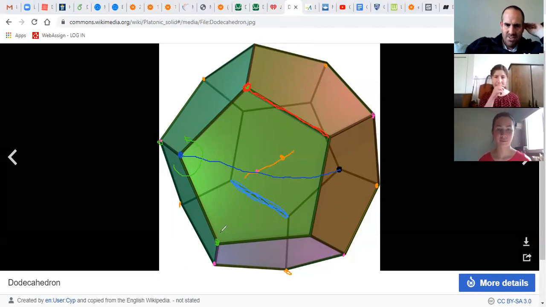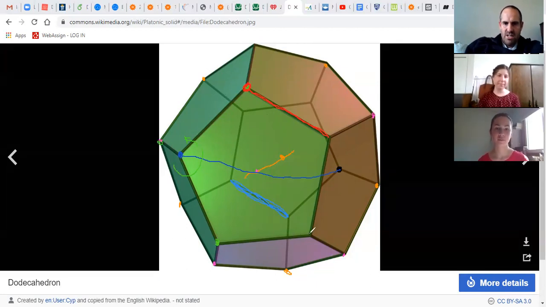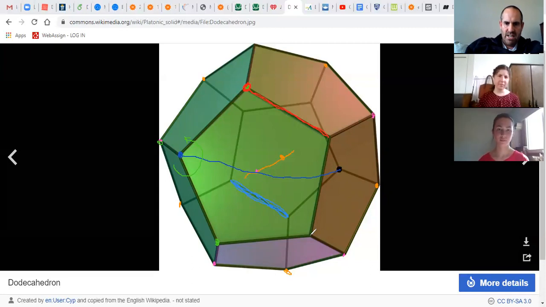But what about this guy? Well, what I would do is imagine it being attached to that vertex. Does that make sense? It's probably easier to do that. You know that this guy goes here, right? And so that means that this edge right here goes here.